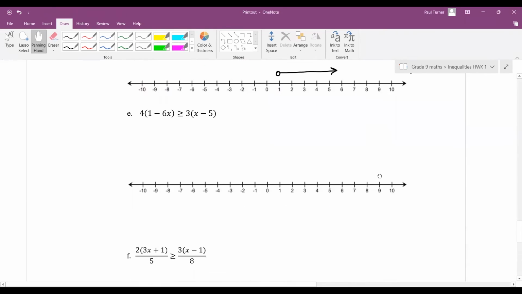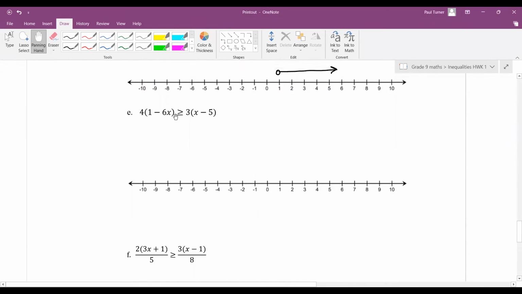In question E, it's a little more complicated because we have brackets, but when you see brackets, you need to try and get rid of those in most cases. Sometimes they can be factored out easily, but not this question. So let's multiply out. 4 times 1 is 4. 4 times -6, -24x is greater than or equal to 3x.